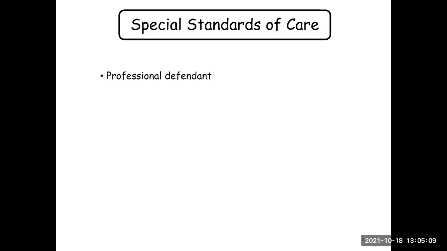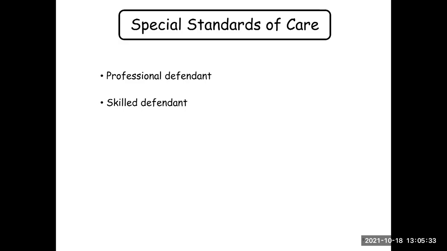We have the reasonable man test, which is an objective test, with everybody judged against the same standard. There are exceptions to that. The first exception is where we've got a professional defendant and the case relates to the exercise of that defendant's profession. The same thing goes for a specifically skilled defendant.